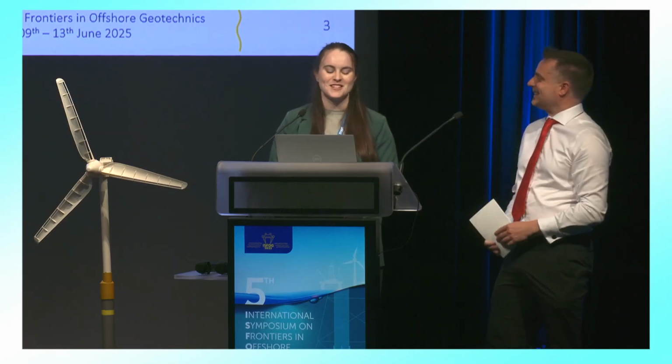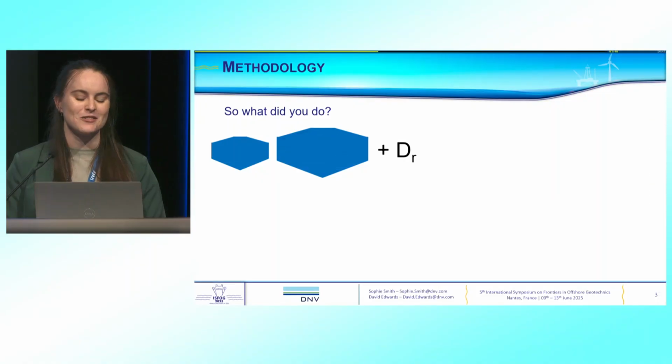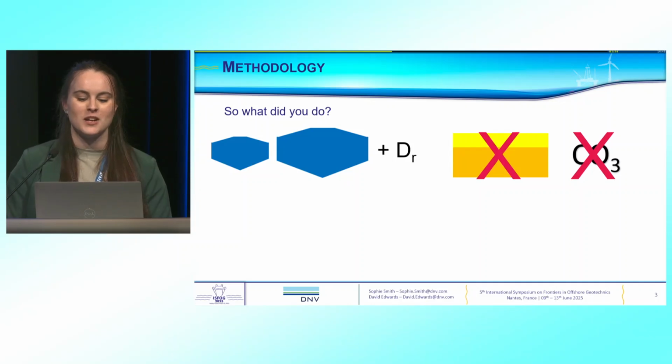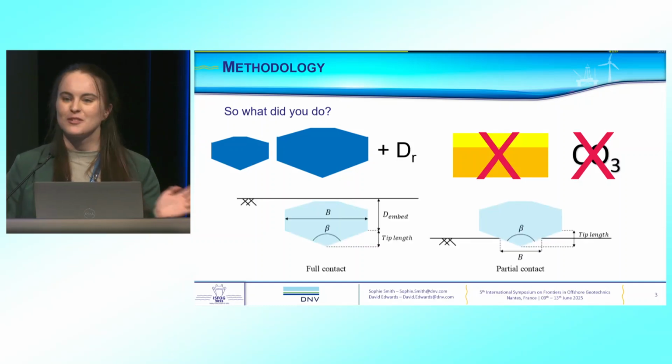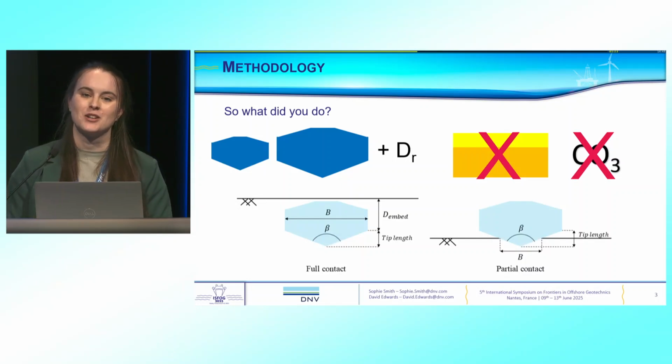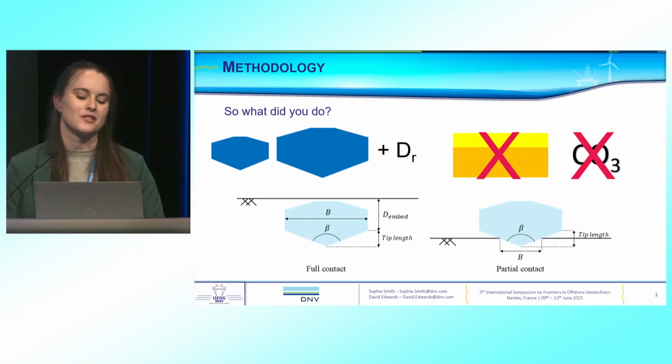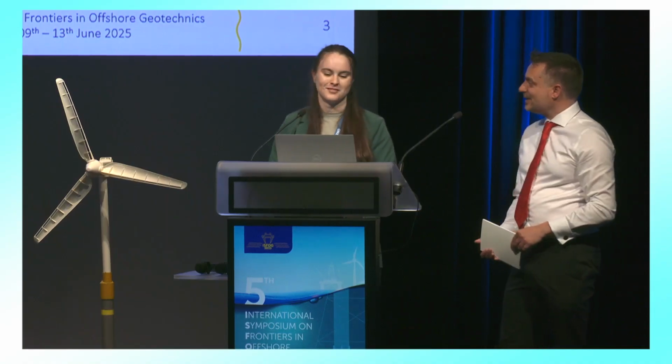Yeah, so we looked at different size spud cans and relative densities, assuming we had CPT data on site. We eliminated layered sands and carbonate sands because that's too difficult for this study. It'll come later. And then we also looked at full contact and partial contact penetrations. So we covered everything.